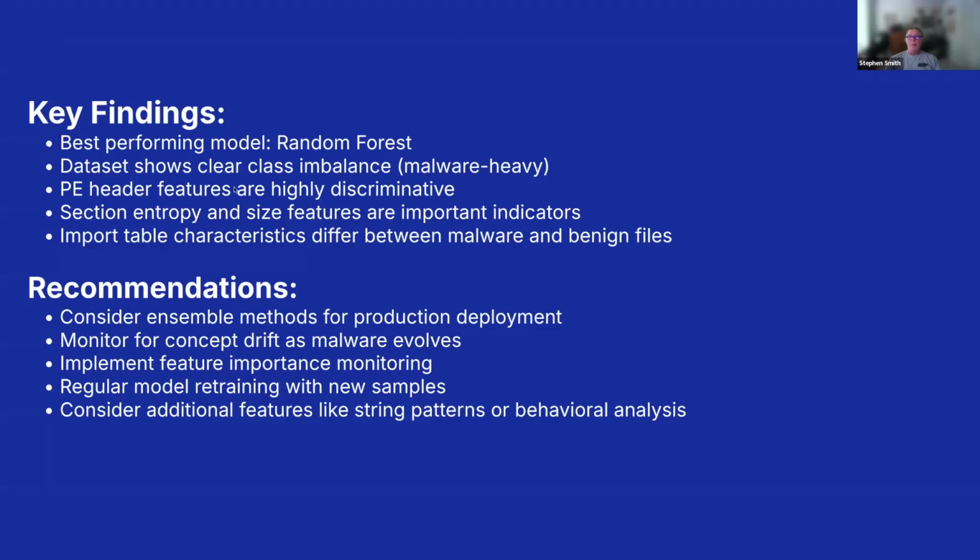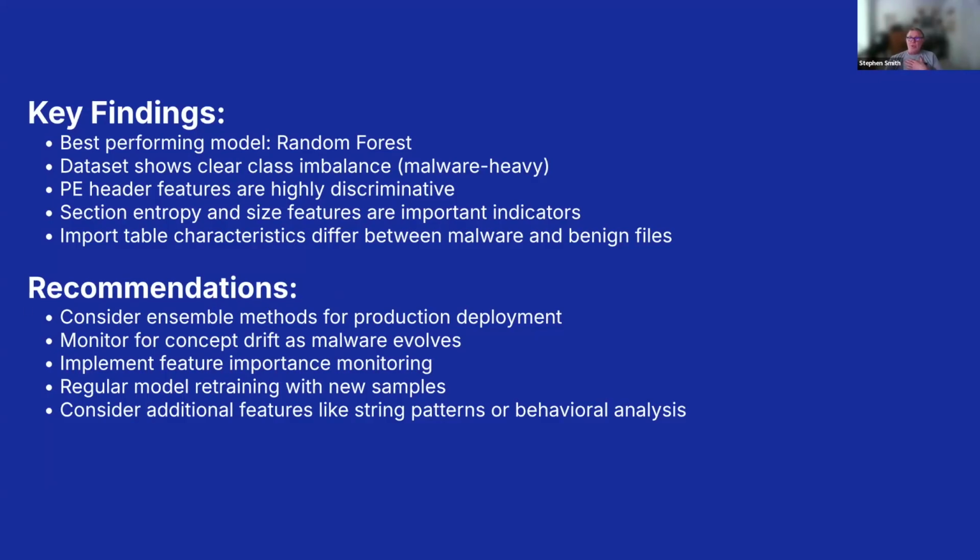If you want to know more about PE files, I shared a document that talks about them earlier in the chat. I think it's up in the resources on GitHub. If not, I'll load it. The correlation tells us that section entropy and size features are important indicators. And then that there are characteristics that differ, like import table, between malware and benign files.